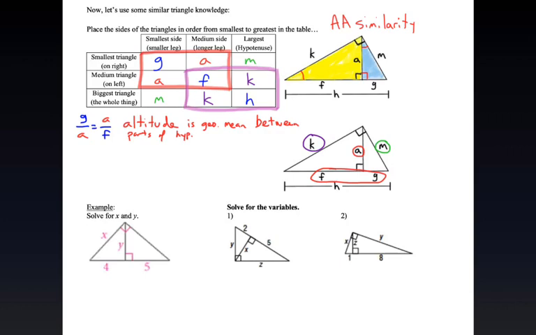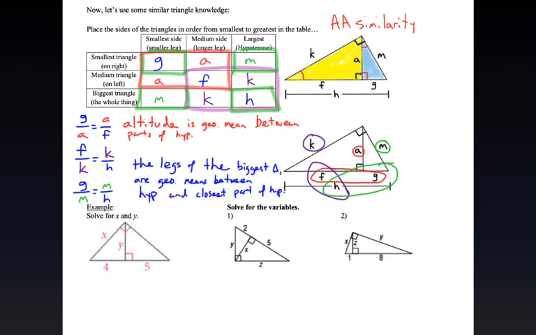Likewise, K is a geometric mean between F and H. And M is a geometric mean too: G over M will equal M over H. We get another proportion.